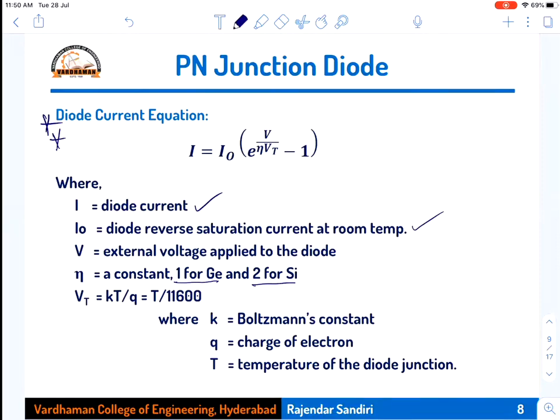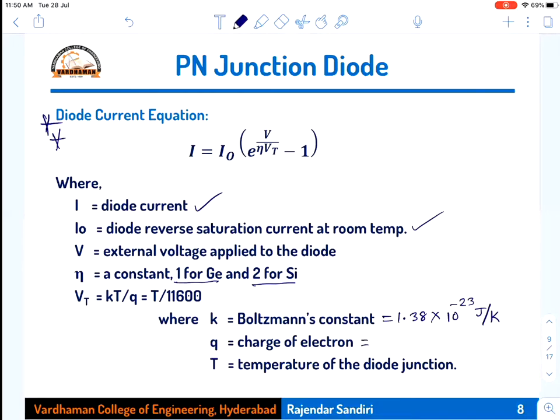If you substitute, K is the Boltzmann constant, 1.38 into 10 to the power of minus 23 joule per Kelvin. You have to remember that: 1.38 into 10 to the power minus 23 joule per Kelvin.